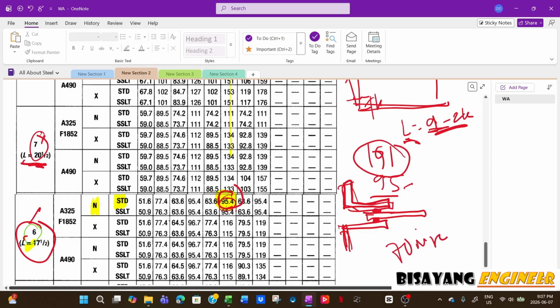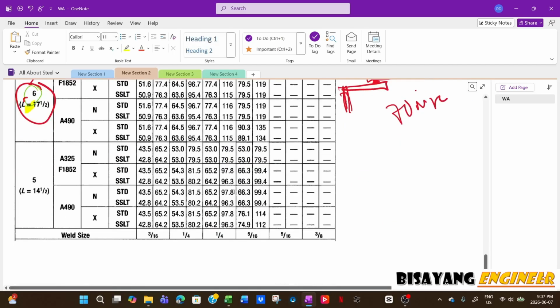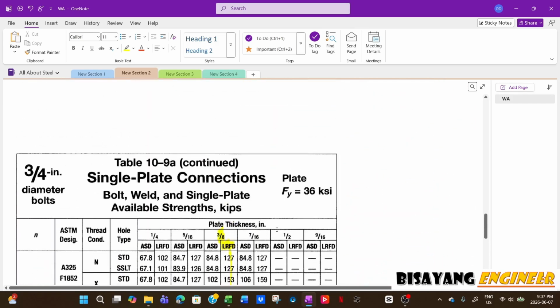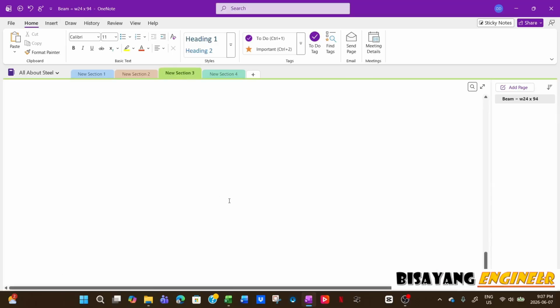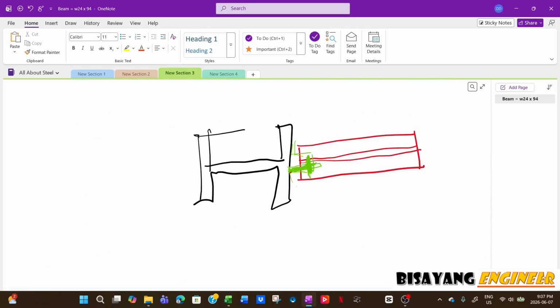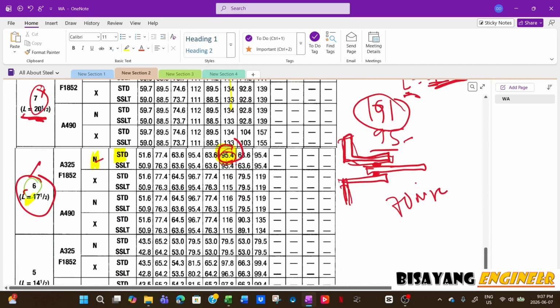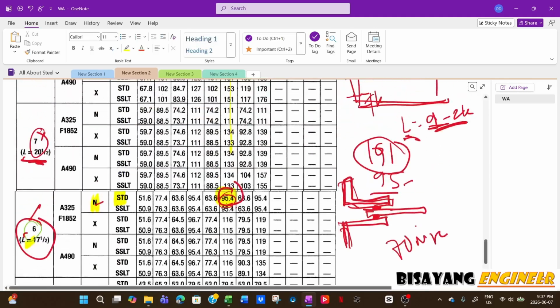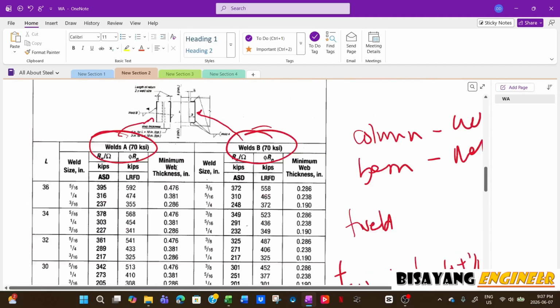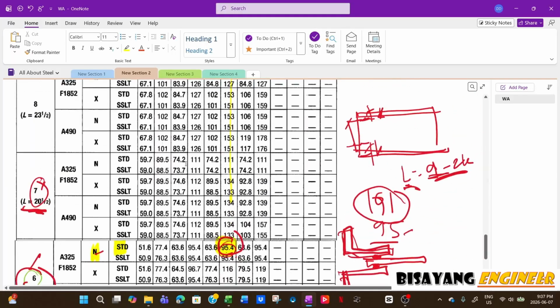Use 6 bolts, and then the weld size would be, this is the recommended weld size, because that's a single plate. The connection here should be welded. I mean, there's no way you can bolt at one. So it has to be a welded connection. So if that's the case, your minimum weld size should be 1/4.